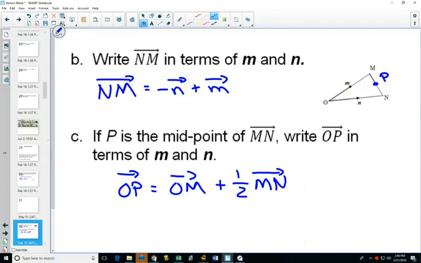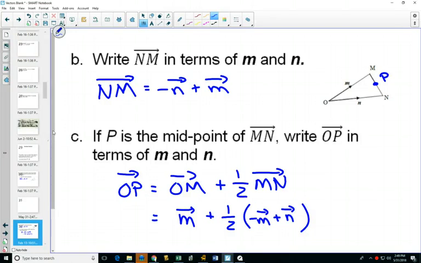from M to N? Now, this isn't in terms of m and n yet, but at this point we can say, well, I know that O to M is m. And I already figured out earlier that M to N was minus m plus n.